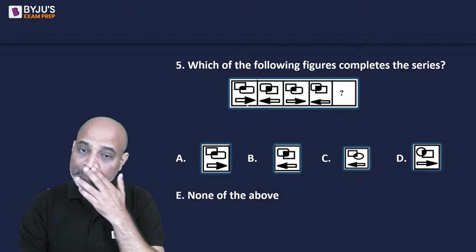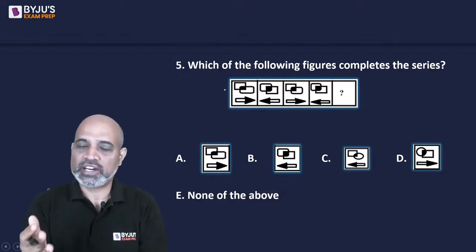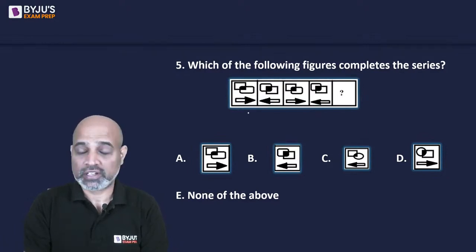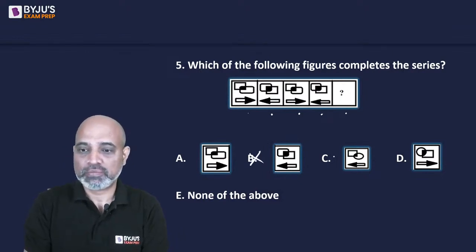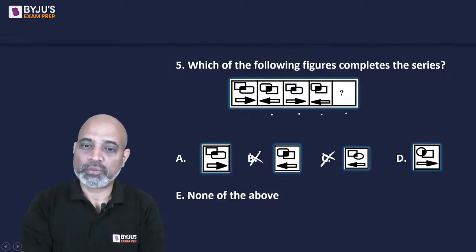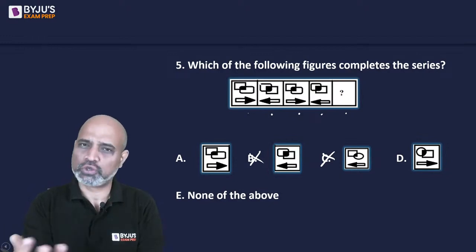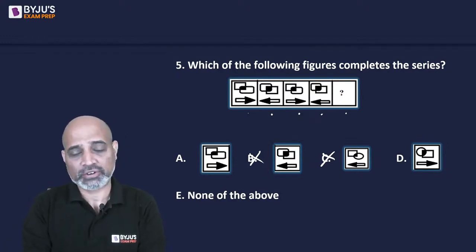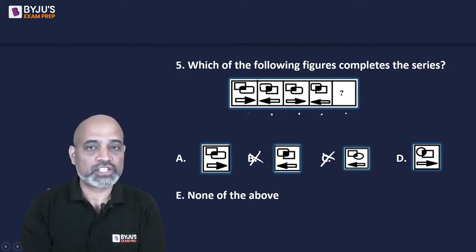A? Okay. So if you look at the arrow sign only, you will find that initially the arrow is facing in the east direction, then west, east, west. अभी फिर से east की बारी है. So B and C will not make sense. If you look at the symbols at the top, you will find a square, then a rounded rectangle, and then a square, as in दोनों को rectangle लेते हैं, a normal rectangle and a rounded rectangle being at the bottom, फिर वो ऊपर जाता है, फिर नीचे आता है, फिर ऊपर जाता है.